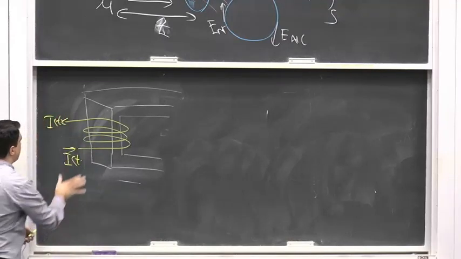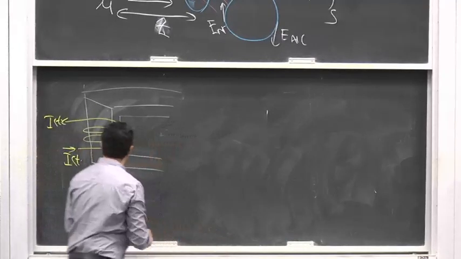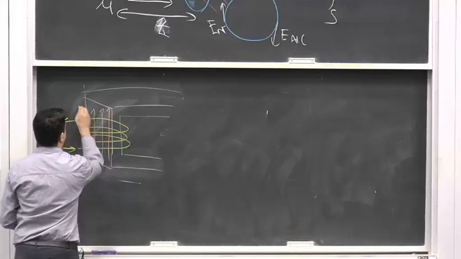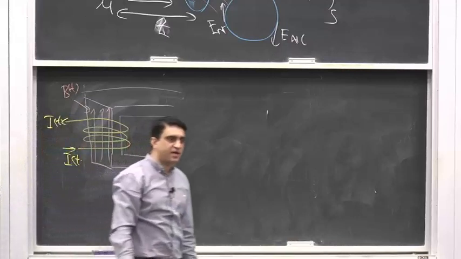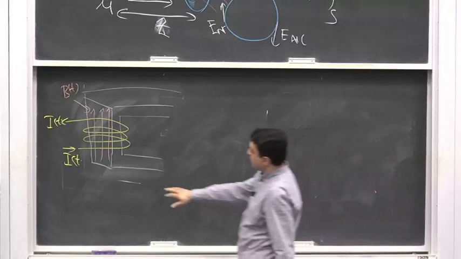So what you would have is a certain magnetic field which would be produced, and that magnetic field would be a time dependent function. So why do you have an iron core inside here?